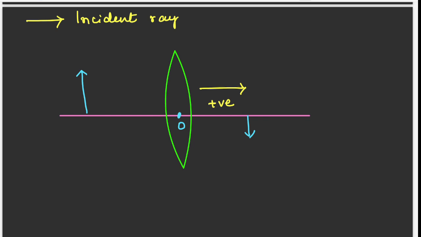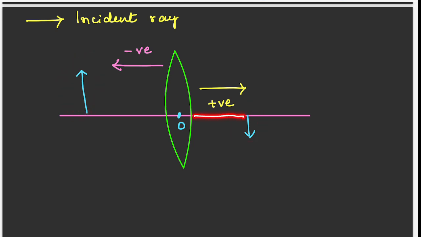Suppose you are measuring in the opposite direction to that of the incident ray. The incident ray's opposite direction is this. If you are measuring in the opposite direction, then it becomes negative. You know that for the convex lens, the image can be formed here or it can be formed here also.